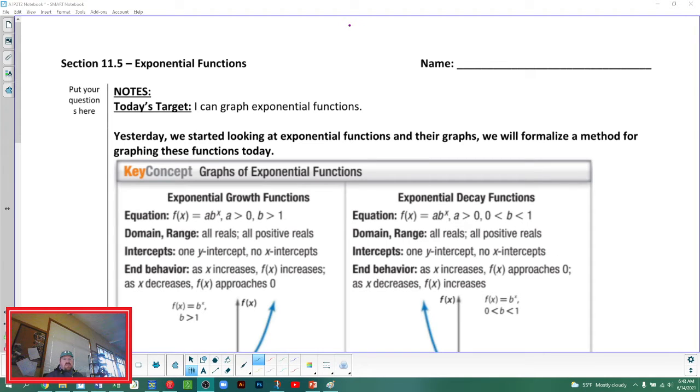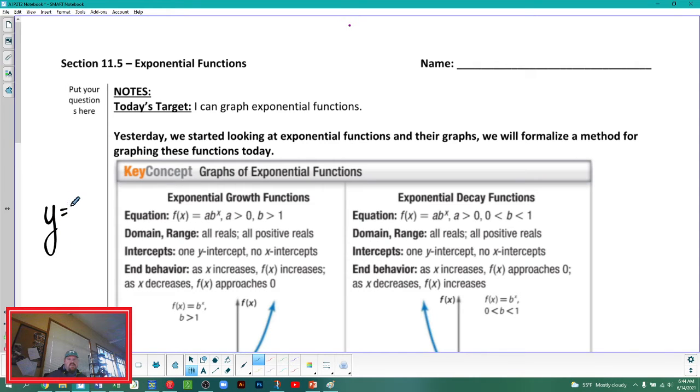It says yesterday we started looking at exponential functions and their graphs, and we will formalize a method for graphing these functions today. So looking at it, the equation is f of x, or that's just a fancy way to say y. But we're dealing with y is equal to a times b to the x.